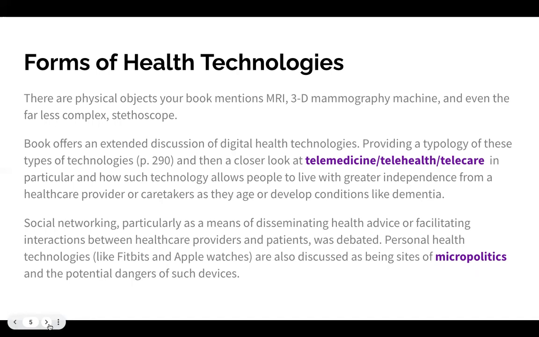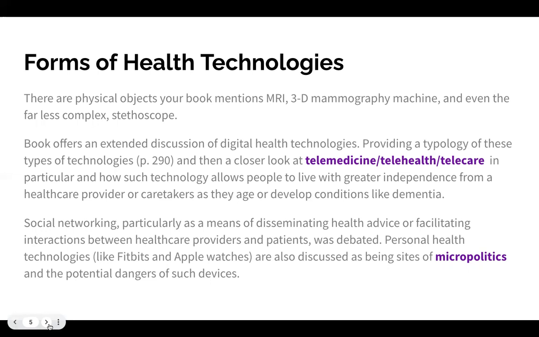And they provide a typology of these types of technologies on page 290, and things that they emphasize in this list would be things like telemedicine and telehealth, digital health promotion, and biometric tracking, digital epidemiology, digital health games.